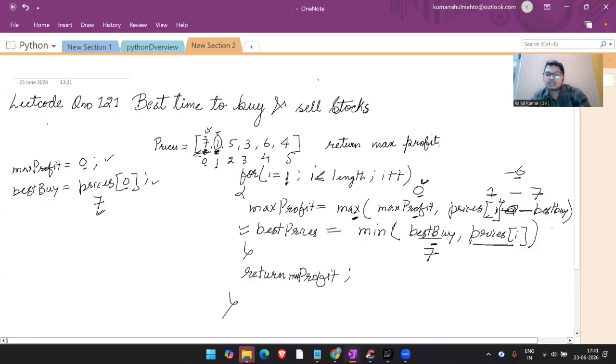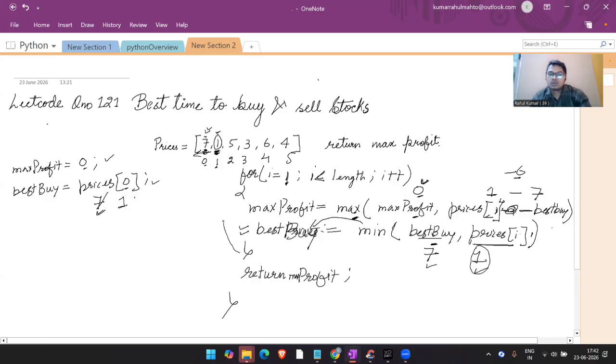What is the value of prices at index 1? It is 1. Among these two values, which is the lesser? 1. So it will return the lesser value and assign it to best buy, not best price, best buy. So I will update it here. It will be 1.